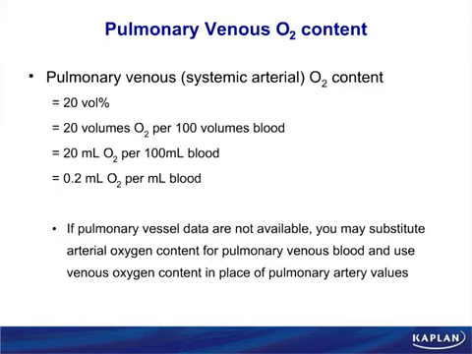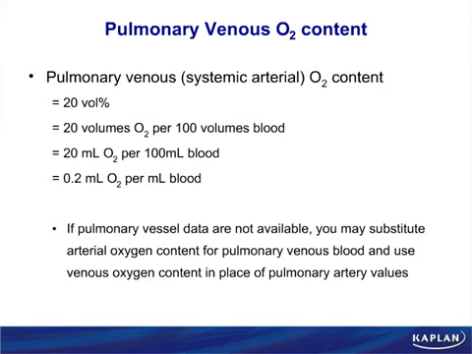We may need to do that, and likely will have to do that, if we want to do a cardiac output calculation on Step 1, which we will go through on the next slide. If you don't have data from pulmonary veins, which you typically will not, you'll just typically use an arterial O2 content, so from an ABG.